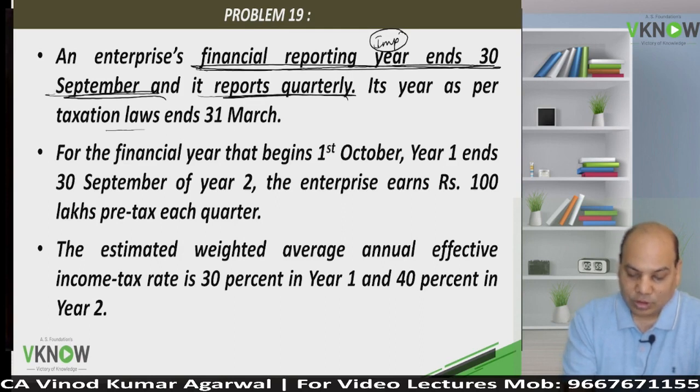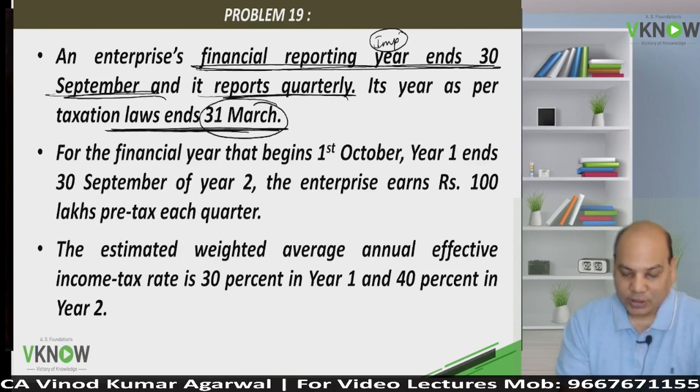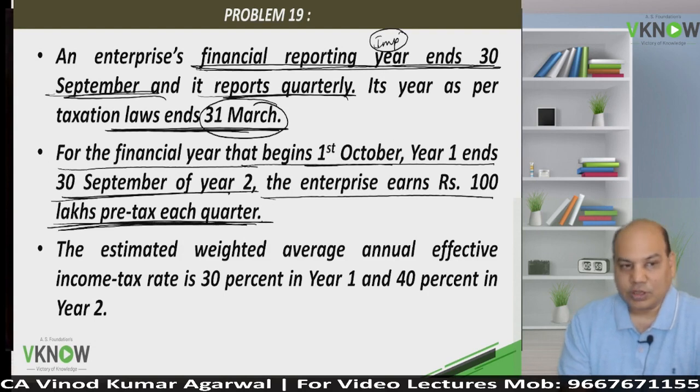But as per tax law, the year ends on 31st March. So financial year is different, tax year is different. For the financial year that begins 1st October and ends on 30th September of year 2, the enterprise earns rupees 100 lakh pre-tax each quarter.